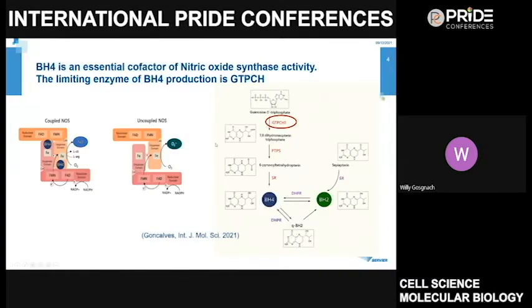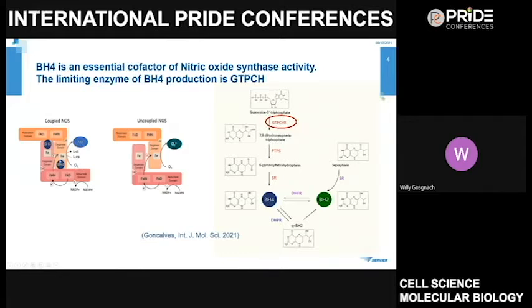This nitric oxide is synthesized by the endothelial nitric oxide synthase. This is an enzyme that needs tetrahydrobiopterin, BH4, as a cofactor to work properly. In normal condition, when BH4 levels are normal, the enzyme is using oxygen and L-arginine to produce nitric oxide.